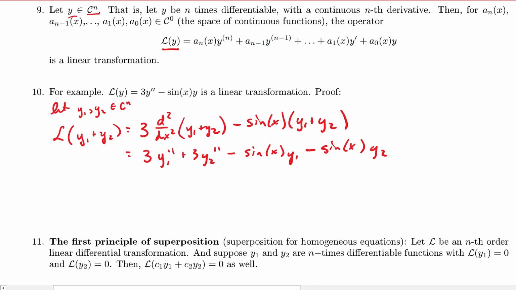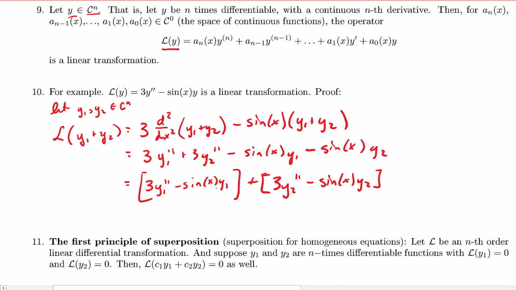Now I'm simply going to regroup these terms together. This gives me 3y1 double prime minus the sine of x y1, grouping the first and third term together. And then I'm going to add to that 3y2 double prime minus the sine of x times y2.